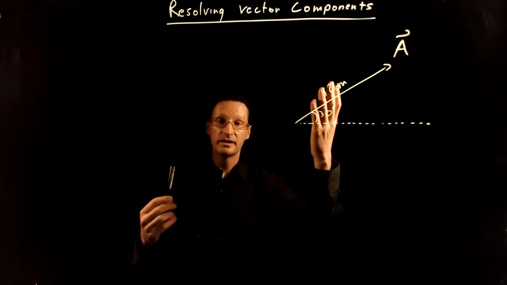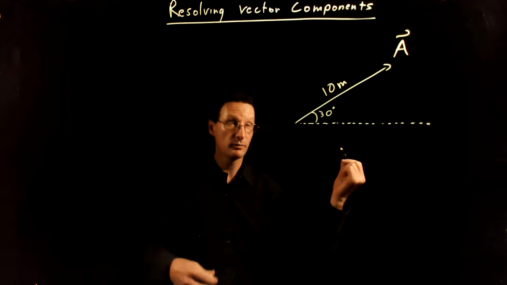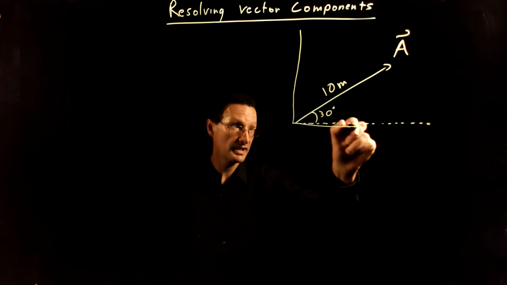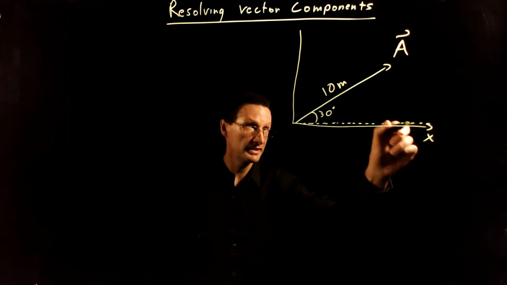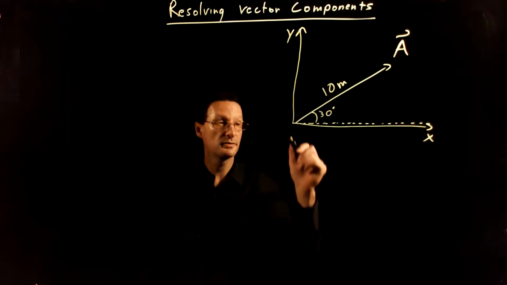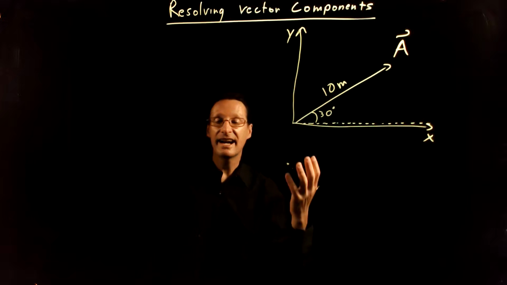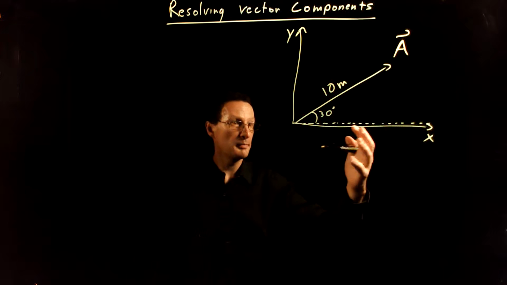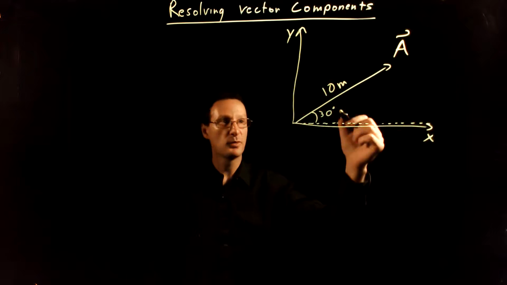So to get the parts of these that lie in the x and y directions, we need to establish the x and y directions. So let's draw a standard xy coordinate system here. That's the x direction and the y direction here. And the idea with components is that you want to find the parts of A that point in the x and y directions.